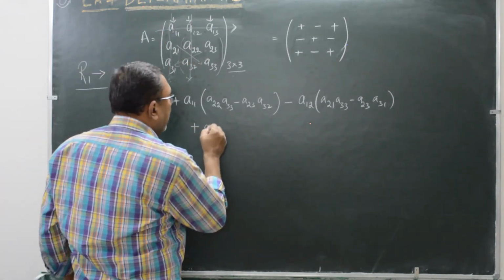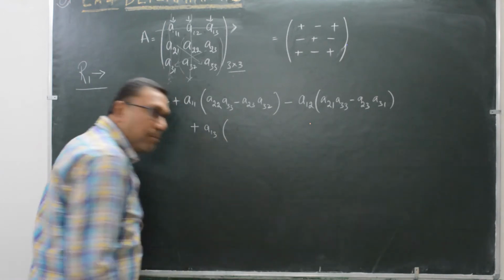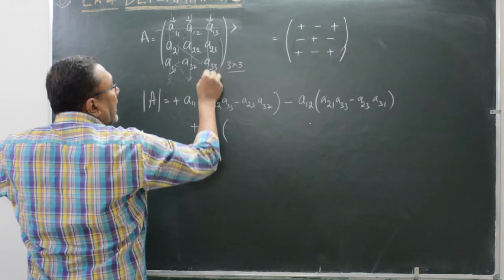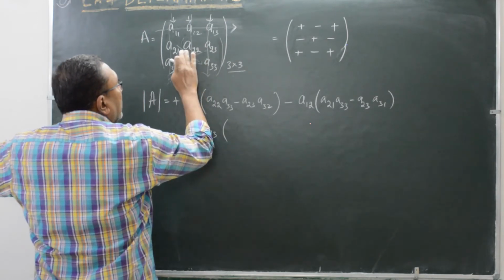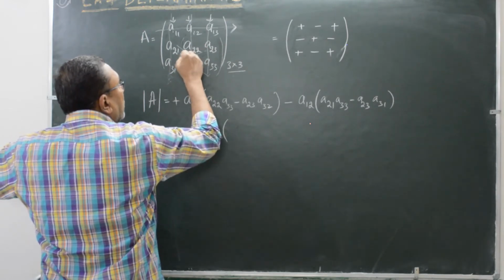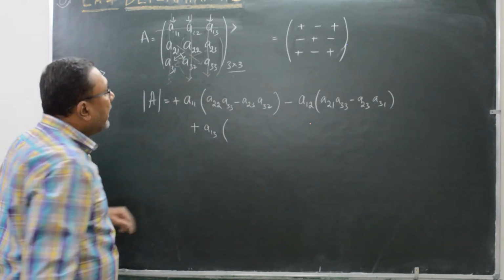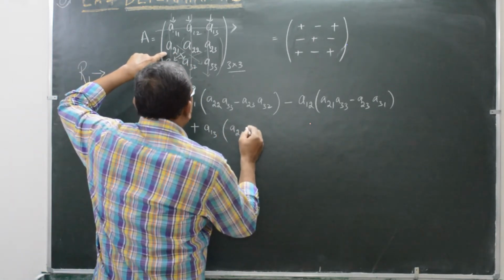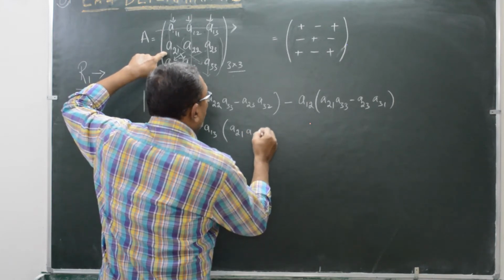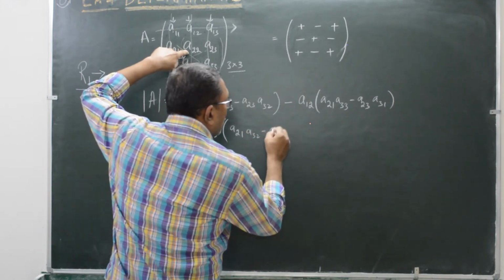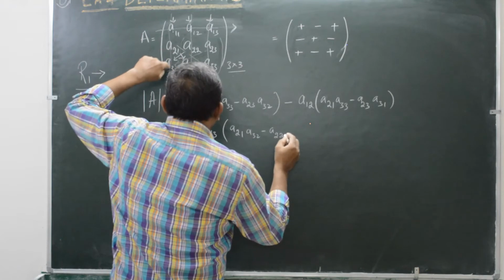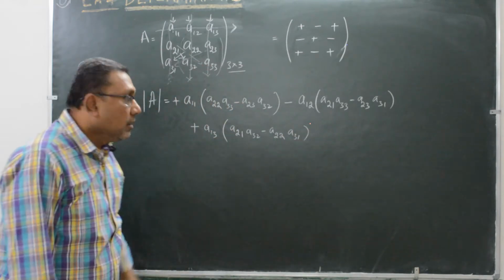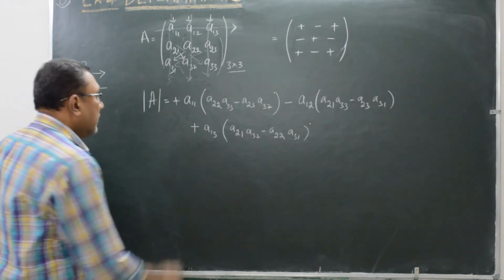A13, if I take, same practice, just ignore the first row and the last column and take these two elements. Then it will be A21, A32 minus A22 and A31. Okay, let us simplify this to find a number.